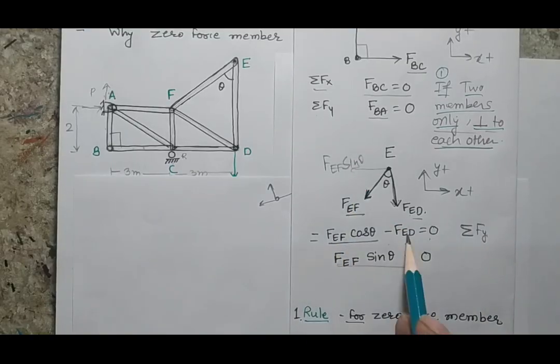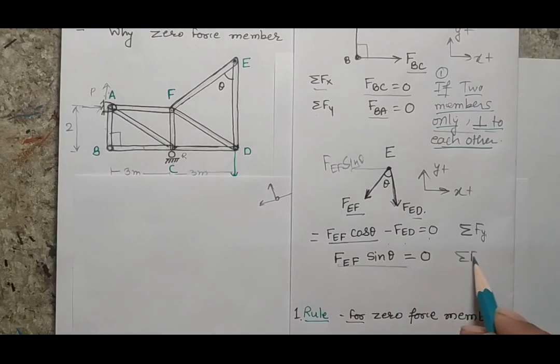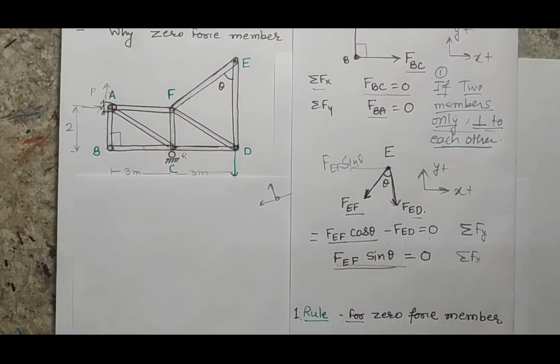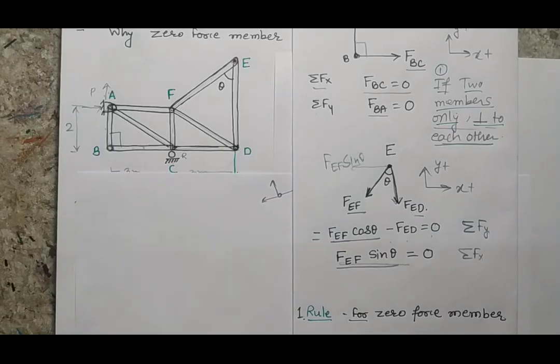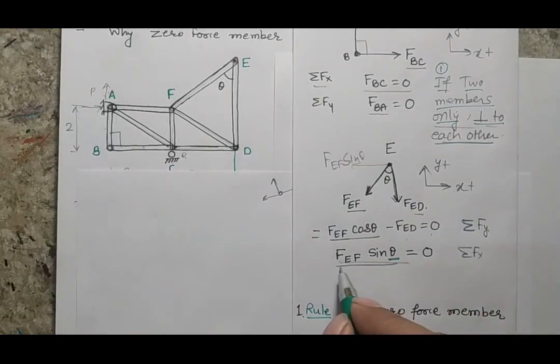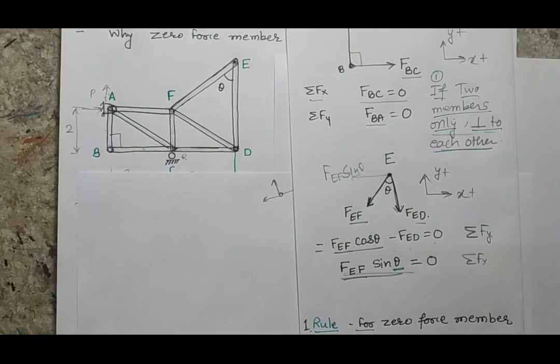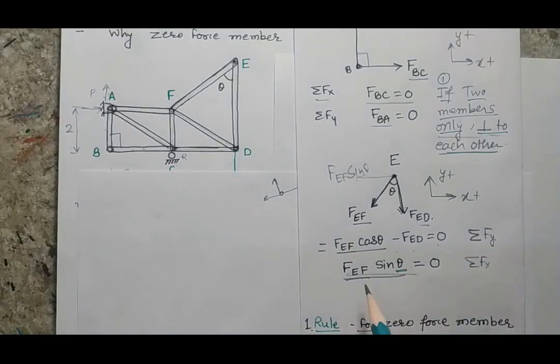In this equation there are two quantities: either theta will be 0 or the force will be 0. But physically the two members have an angle, so theta is not 0. That means definitely the force will be 0.